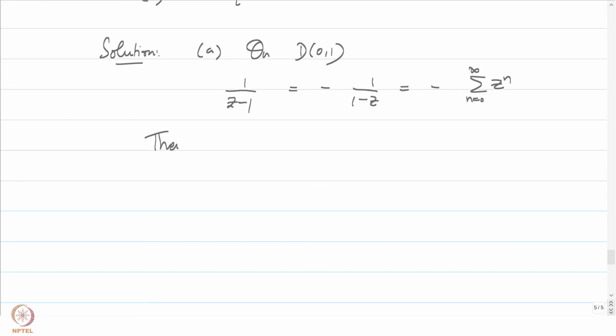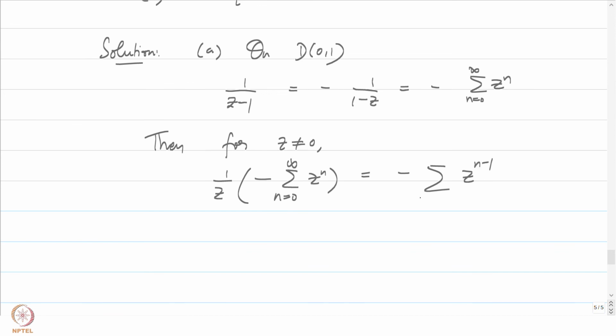Then for z not equal to 0, 1 by z times the power series is going to be equal to, by taking it in, because this series is convergent, we can do this in this case. This is going to be z to the power n minus 1, where n is going from 0 to infinity, and this is precisely our 1 by z times z minus 1, and we have our power series expansion here.